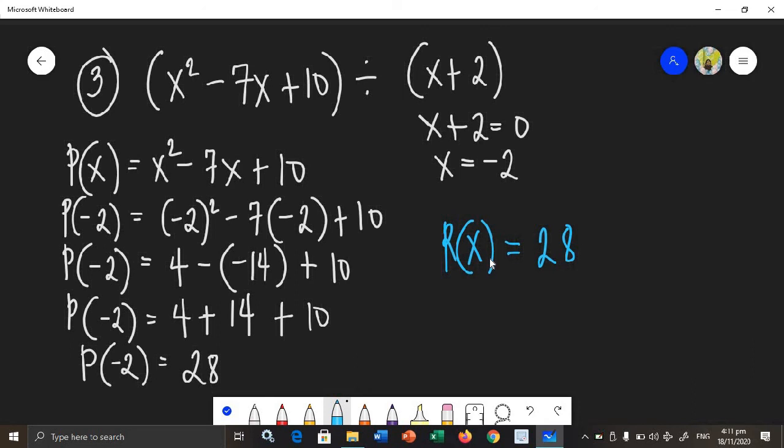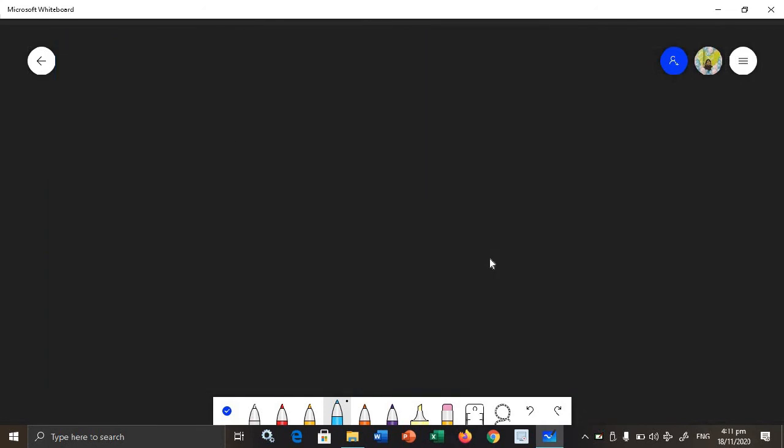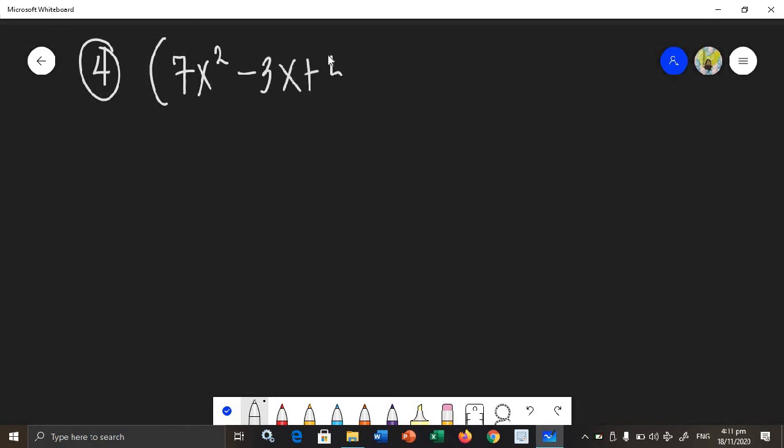Okay, so let's solve the last example. Let's say we will find the remainder of this given polynomial. So we have 7x squared minus 3x plus 5 divided by x plus 1. Okay, so again, you need to equate this first, the divisor, for you to find the value of the c.